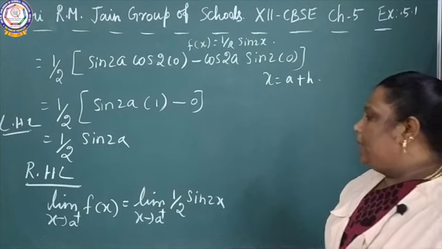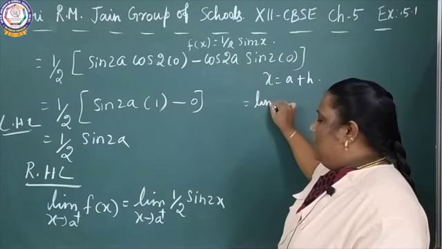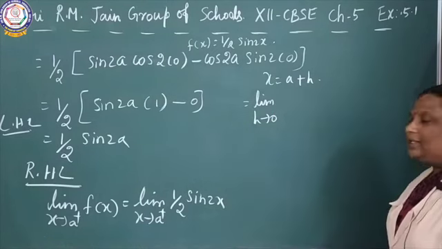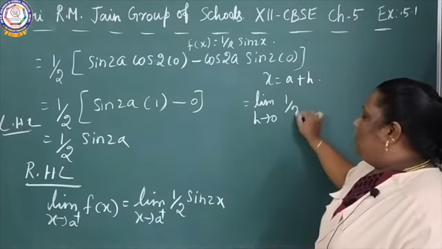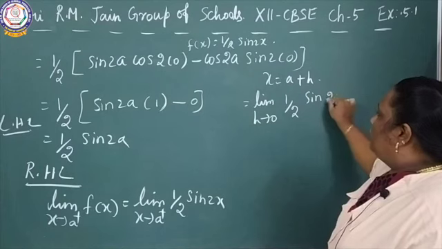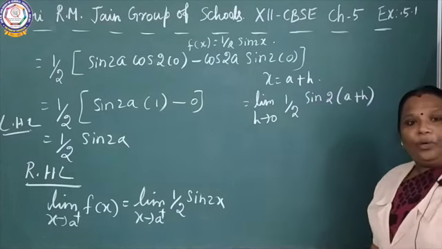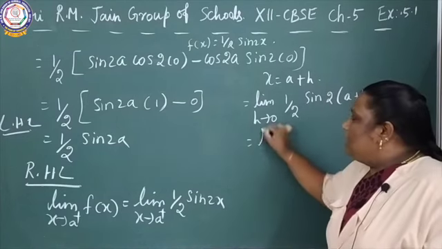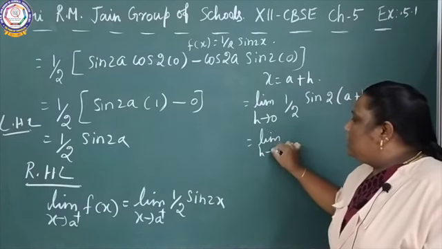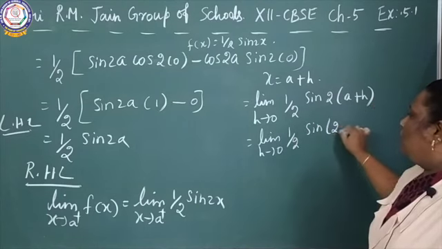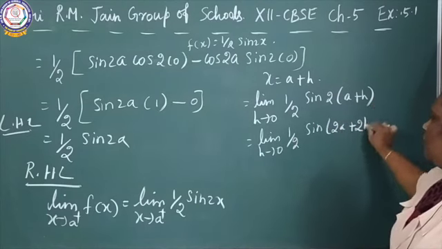It gives limit h tends to 0, 1 by 2 into sine of 2 into a plus h, that is sine of 2a plus 2h.